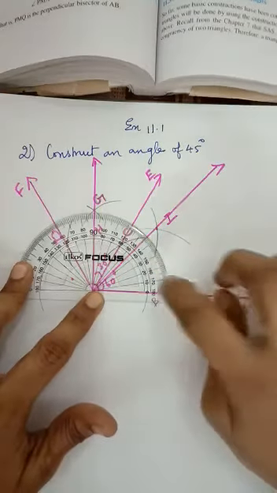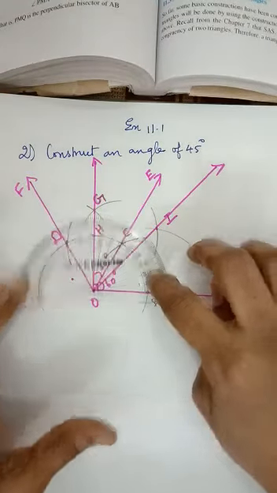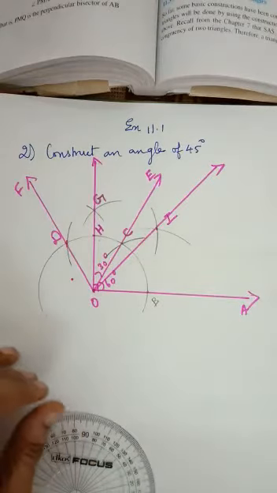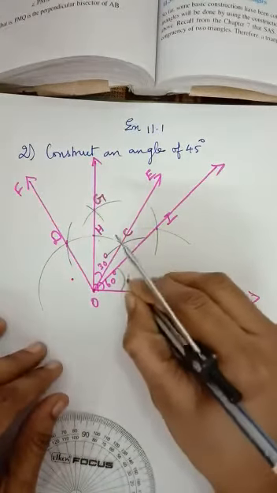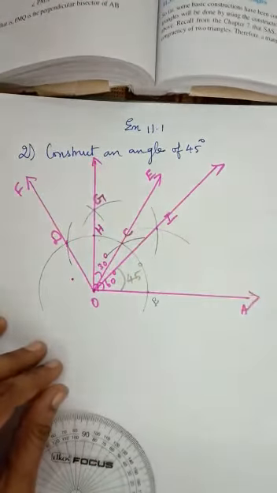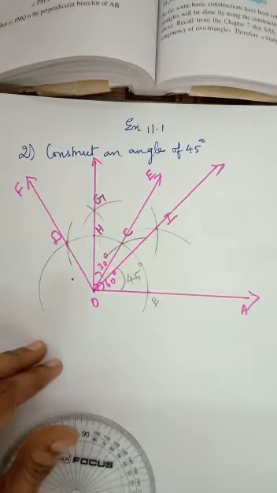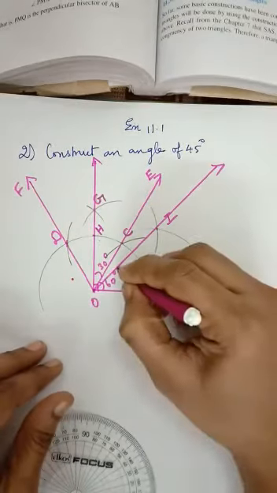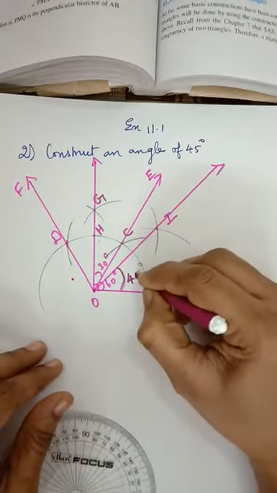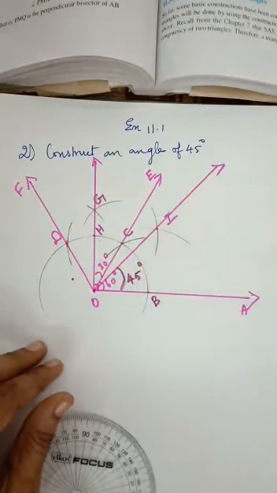It shows 45 degree. Is it clear, students? So this is 45 degree, but we have to prove it, we have to justify it. Now we have to justify it.